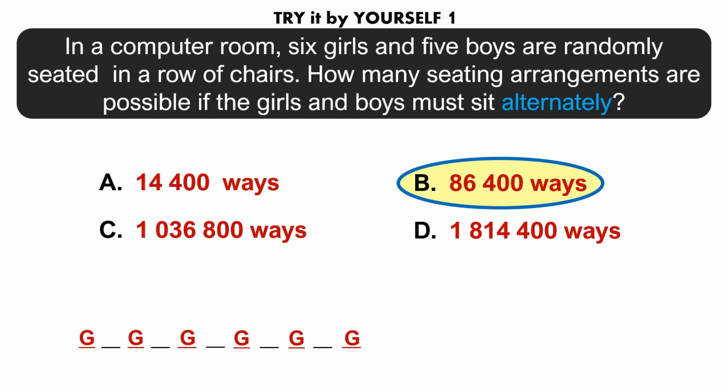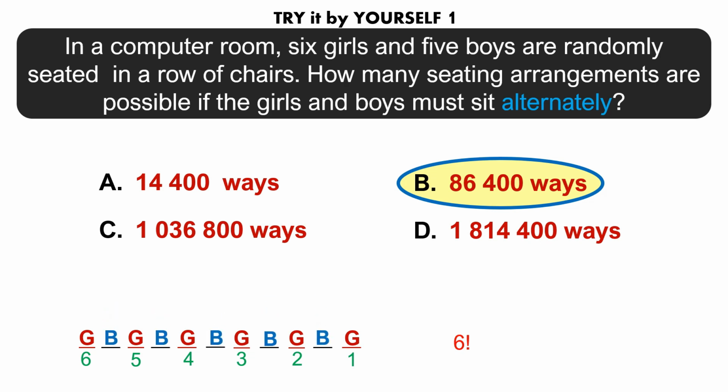And these girls can be arranged in any order among themselves in 6 factorial ways. Now, for the boys, ilagay natin sila sa vacant spaces.